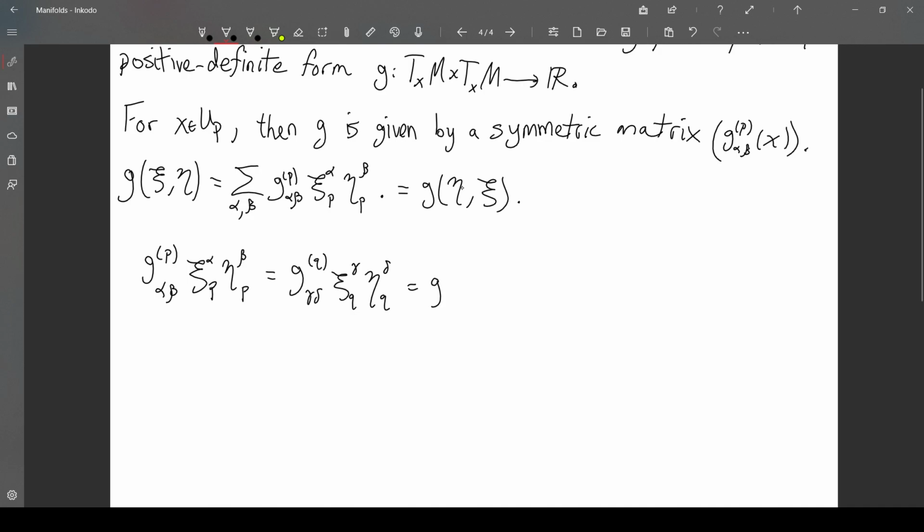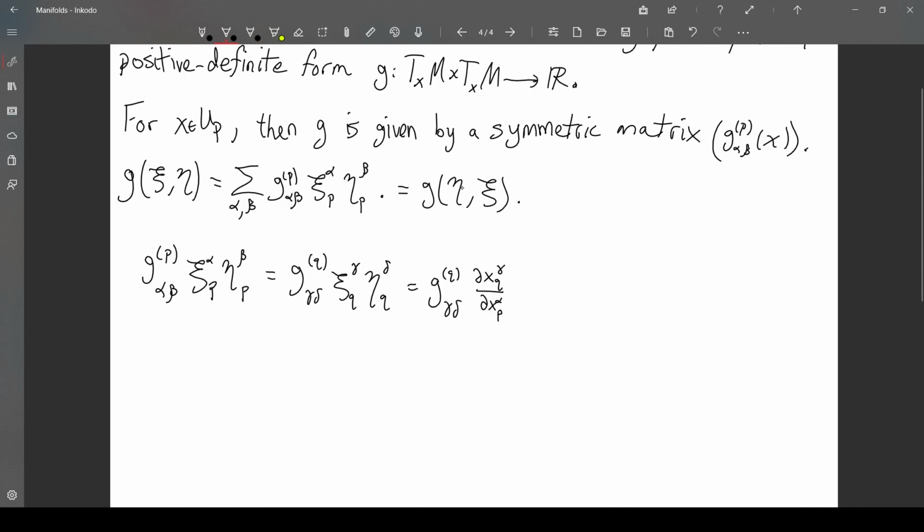So we can write this G_Q gamma delta. This psi term is going to give us dx_Q gamma over dx alpha_P.